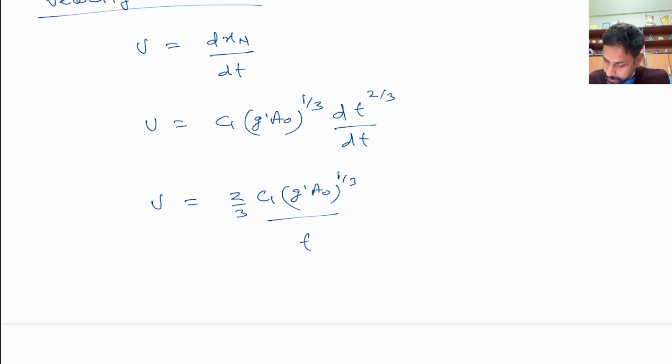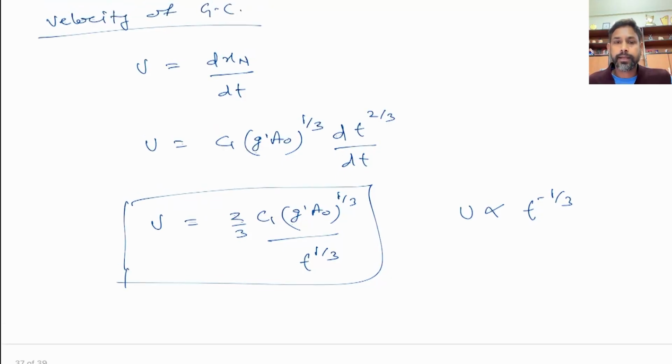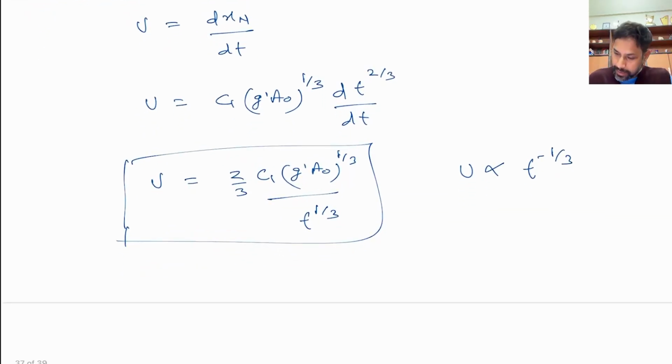So this is the gravity current velocity in the early stage, where you can see u is proportional to t to the power minus 1/3. That is the early stage velocity.